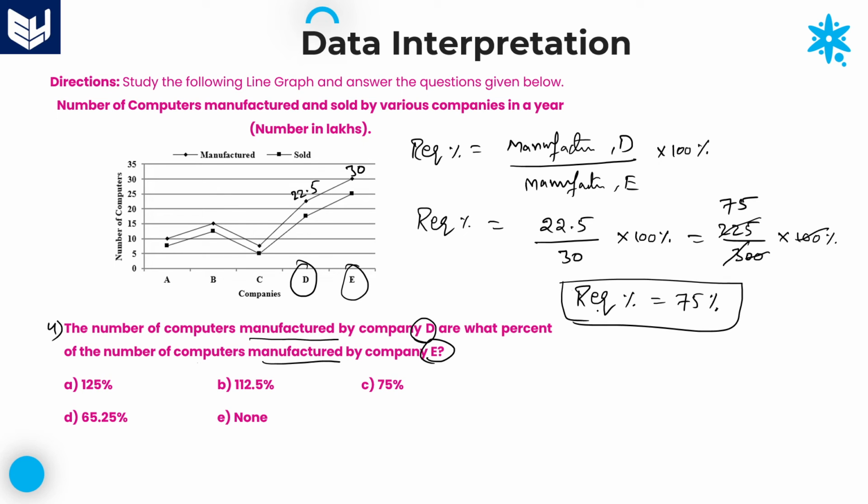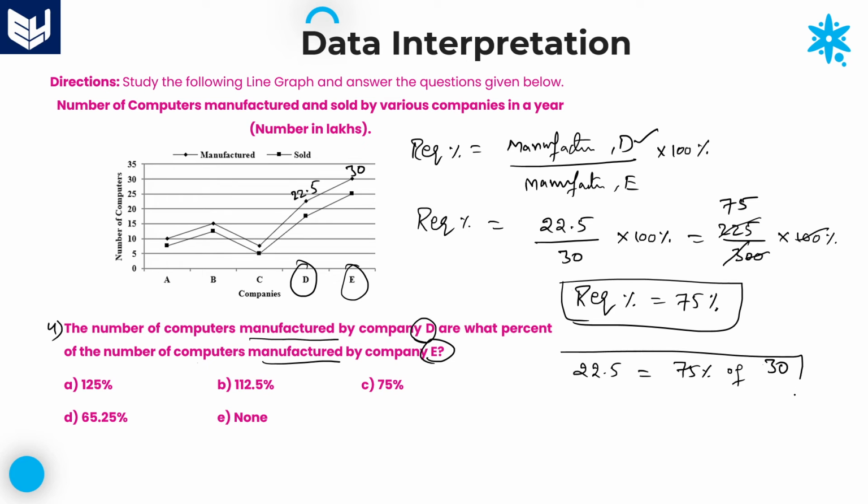75 percentage. It means the meaning of this question is that the number of computers manufactured by company D, this particular value, 22.5, is 75 percentage of the number of computers manufactured by company E, that is 30.